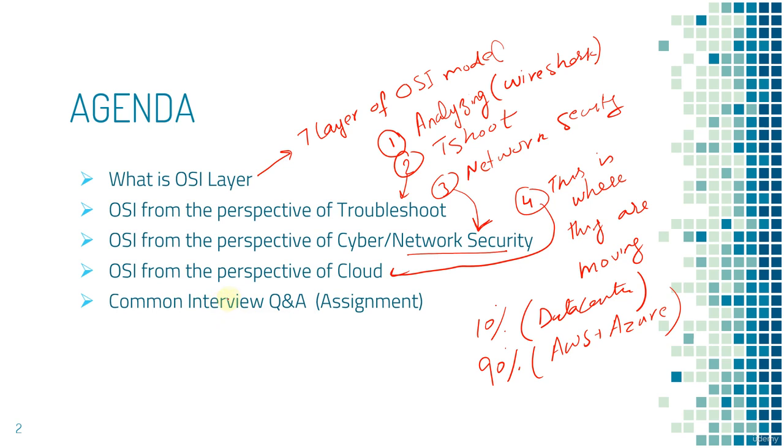From the perspective of OSI layers, whatever common interview questions appear, I'm going to list down in the last slide as well. As an assignment, you have to find those answers and submit them to JSS. This agenda we are going to follow throughout this program. So you have to make yourself ready.